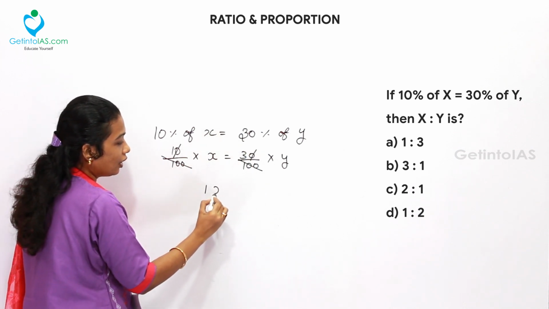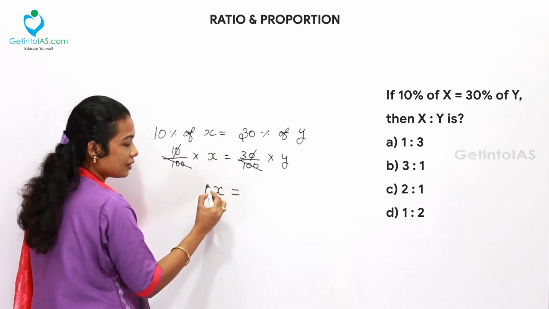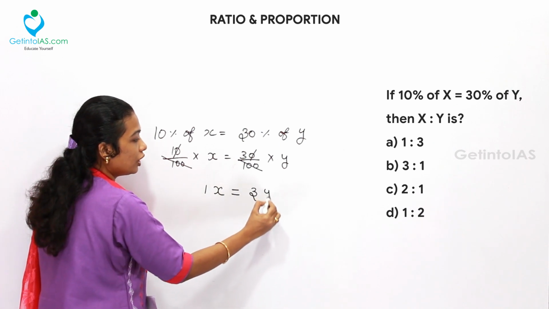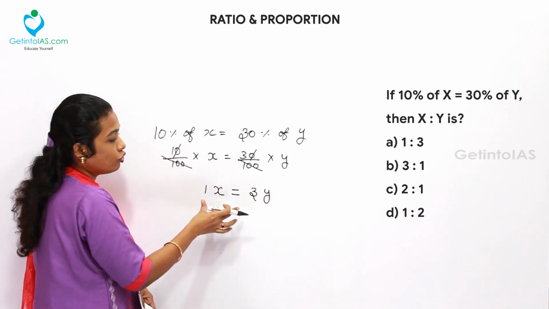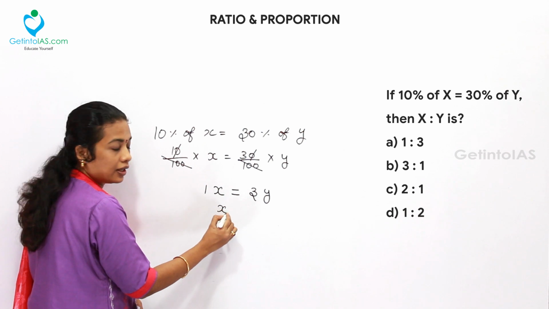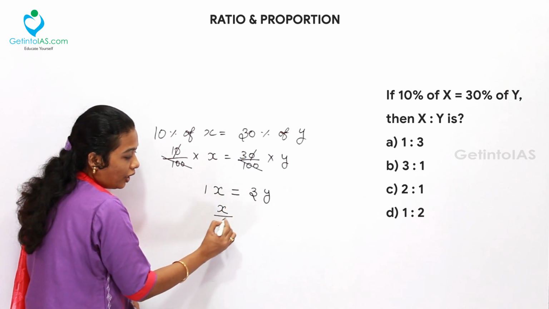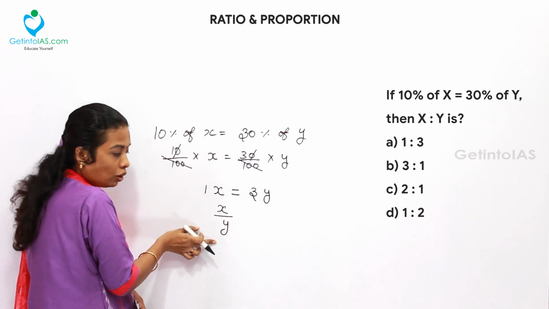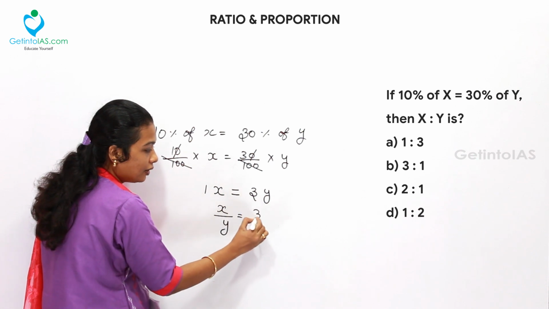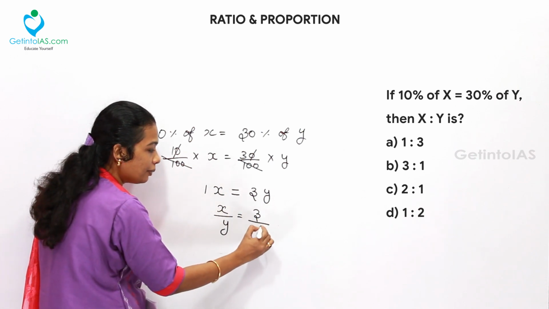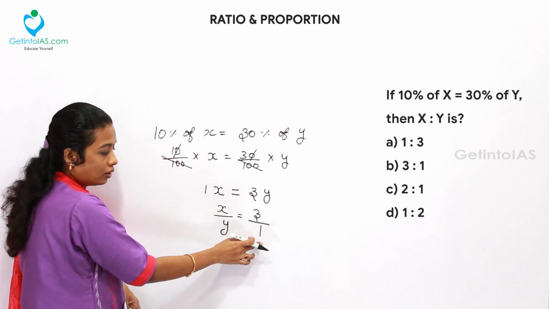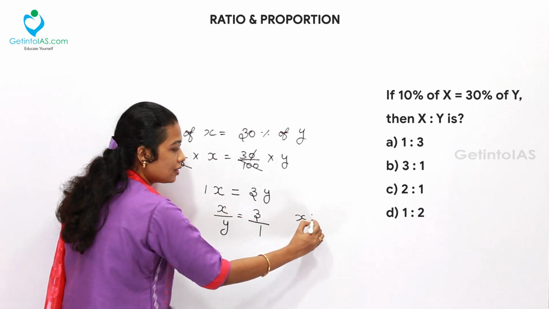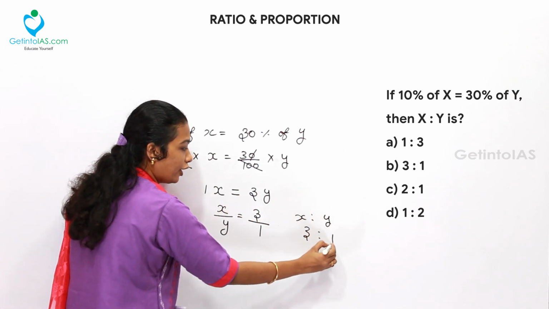Now you will be getting 1x, that is x, which is equal to 3 times y. So usually you will be taking x here, bringing that y over here, then it will go to the denominator. You will keep the 3 over here, and 1 in the denominator. Then you will be saying x is to y is 3:1.